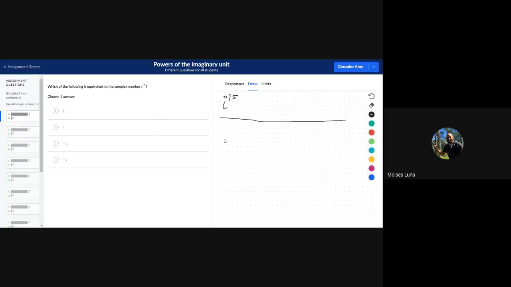All the imaginary numbers have a sequence of 1, i, -1, -i.